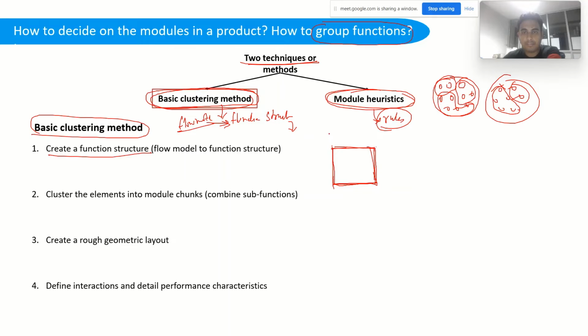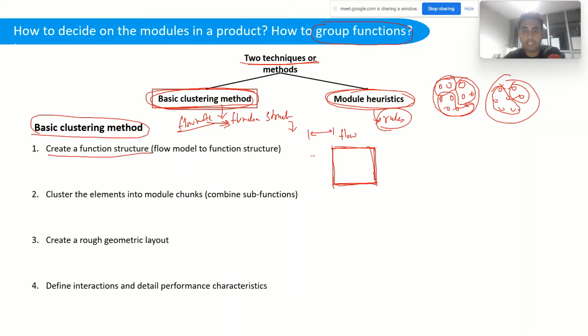Based on that, the flow model of the function structure can be created. Initially we learned some simple techniques which can easily be used to make simple products. Then come the complex products, where we need a more robust method. So there we use a flow model.